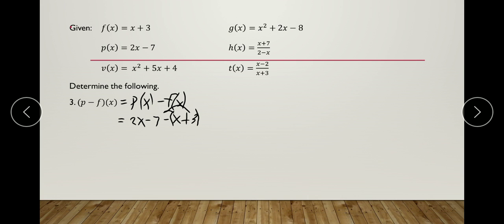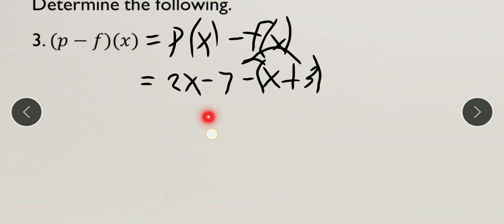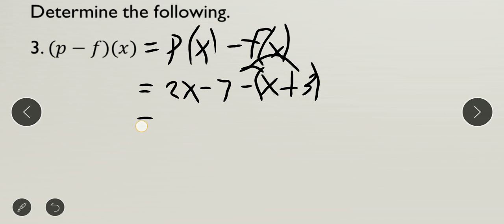So this is now equal to 2x minus 7. So all you have to do is to copy. And then negative times x, that would be negative x. Negative times 3, that would be negative 3.